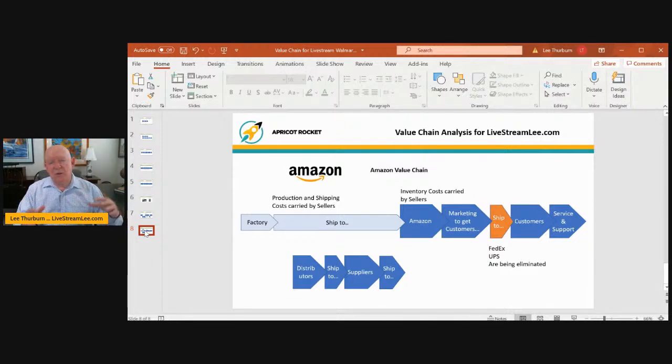First, let me just say, on the supply side, Amazon has very little costs. Amazon doesn't buy inventory. Amazon warehouses and distributes your inventory for you.